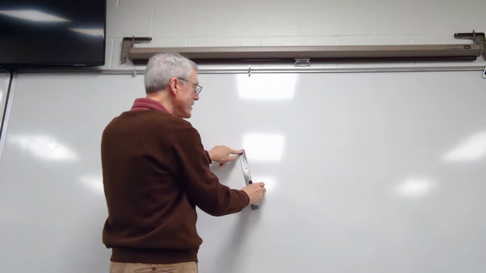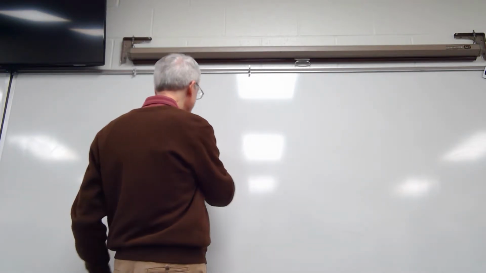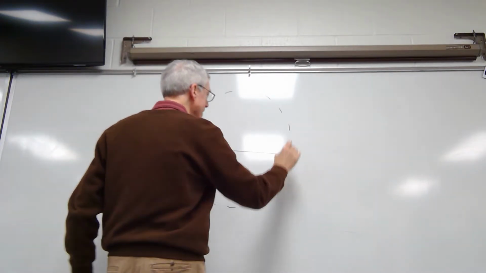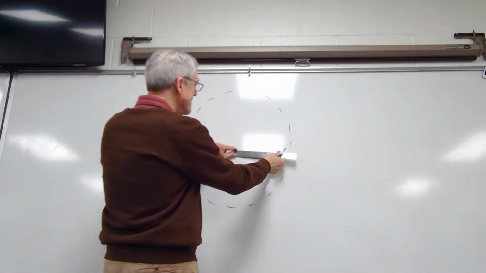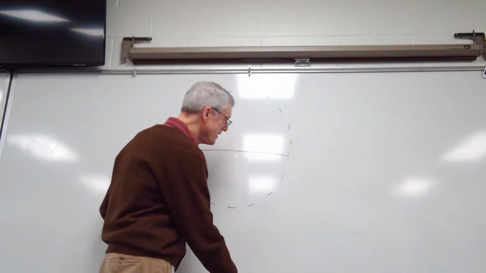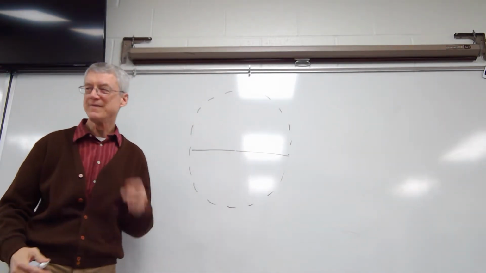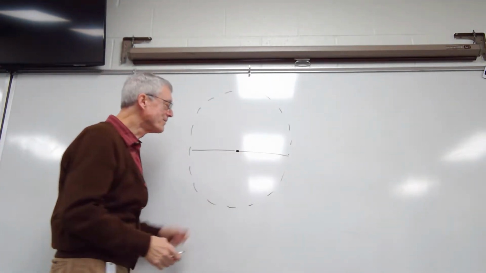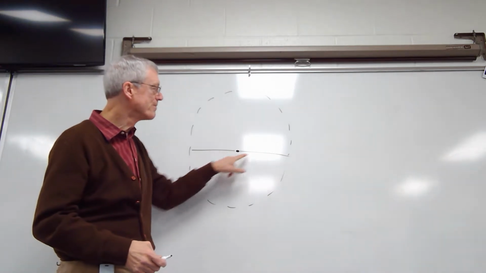There's a pivot point at the other end of the ruler. So here is the circle the ruler just made. It's off a little bit, of course. Just pretend that's a perfect circle. And here's the center point of the circle, which was one end of the ruler.